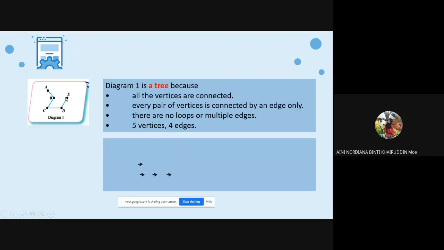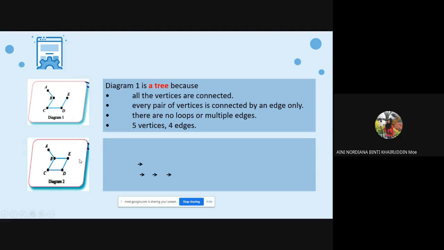So vertices ni ada 5, A, B, C, D, E. So 5 vertices. Edges dia 4, 1, 2, 3, 4. So ini semua memenuhi ciri-ciri 3 tadi. Okay. So this is 3.